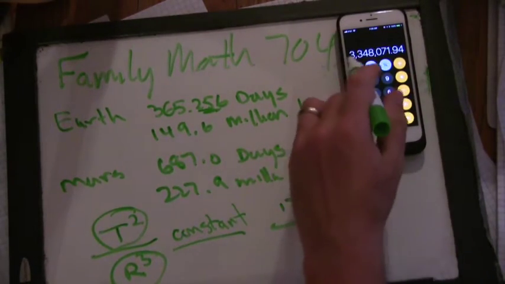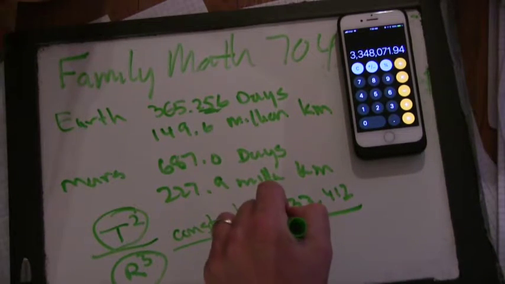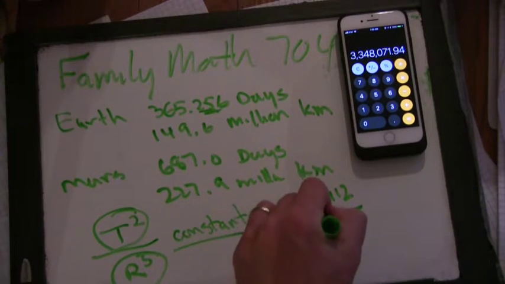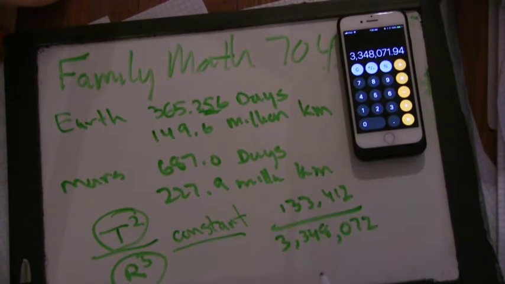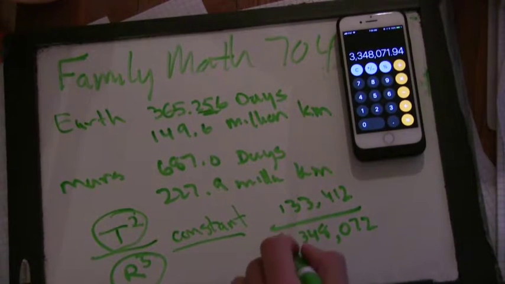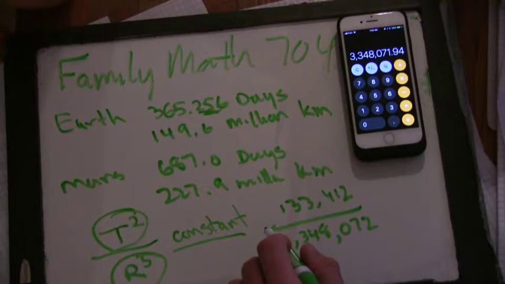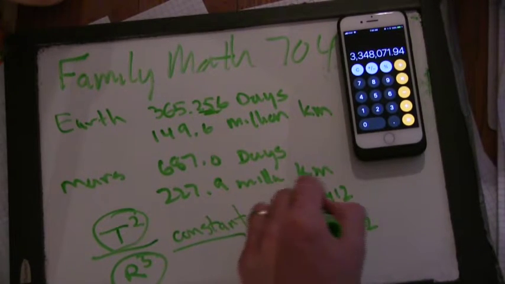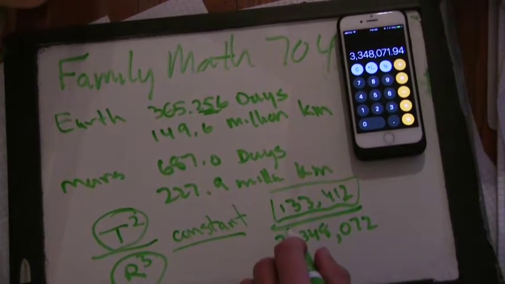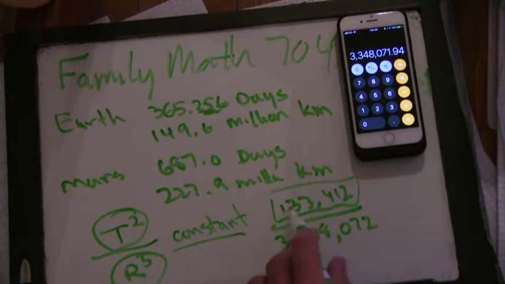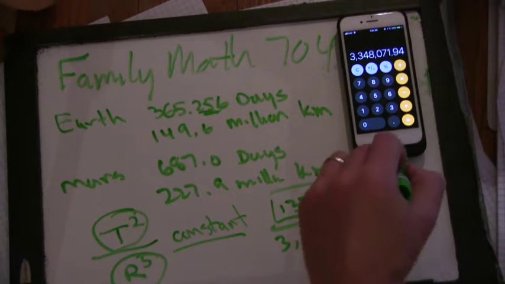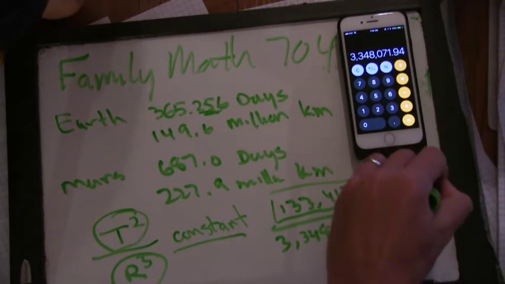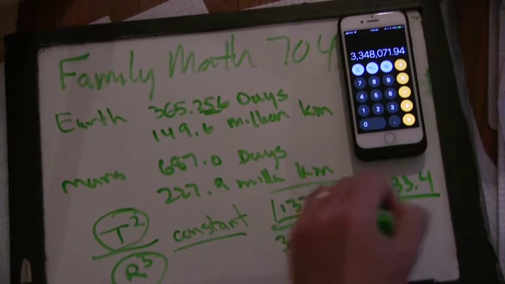So I get on the bottom 3,348,072, call it. So on the top, I'm going to do the thousands divided by the millions. So I'm going to do 133.4 divided by 3.348.